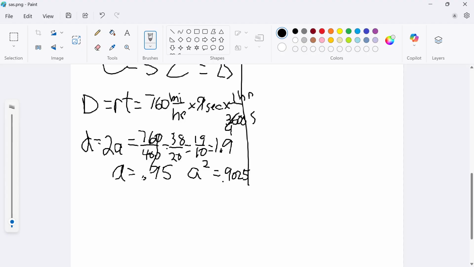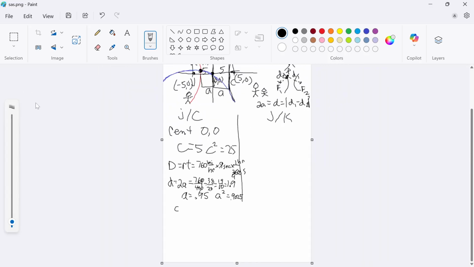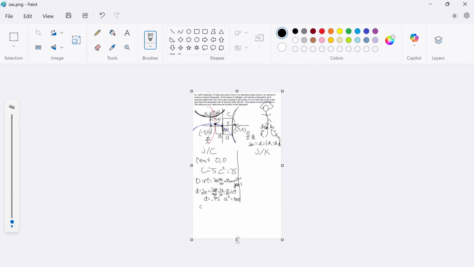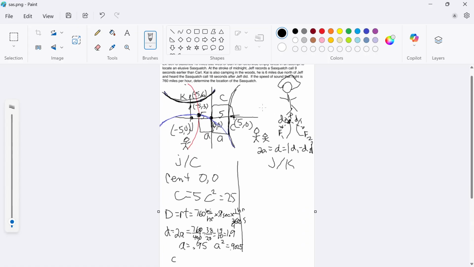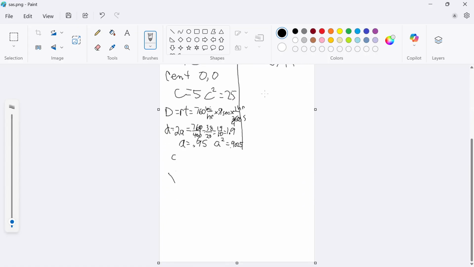Okay, very nice. So I have C squared and A squared. In order to write this equation, and I know it's a horizontal hyperbola, it's going to be x minus h squared over a squared minus y minus k squared over b squared equals 1.